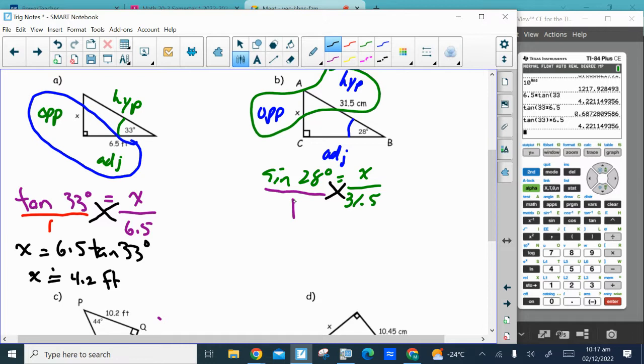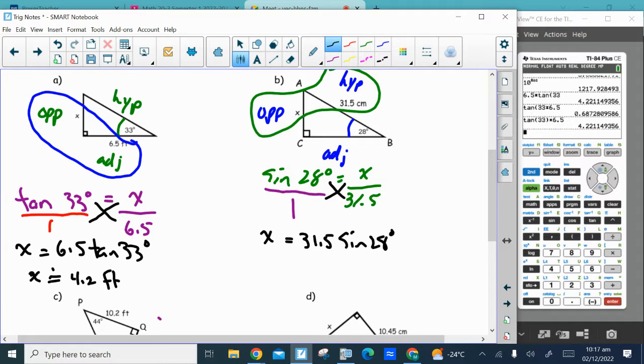So the 1 on the bottom left times the x on the top right, 1 times x is just x, must equal the 31.5 on the bottom right times the sine of 28 degrees on the top left. Whenever two fractions or ratios are equal, their cross products are equal. And so when you cross multiply, this is what we get.